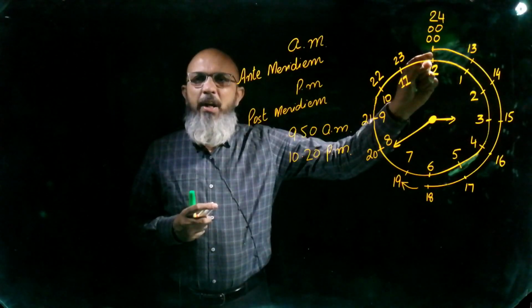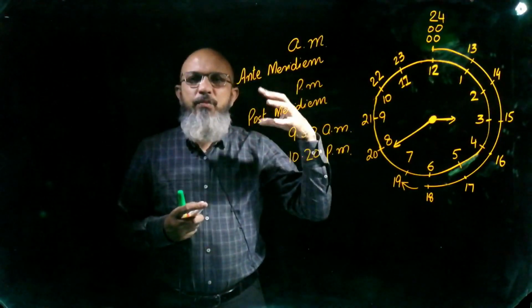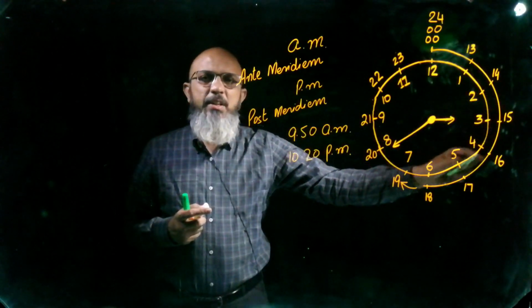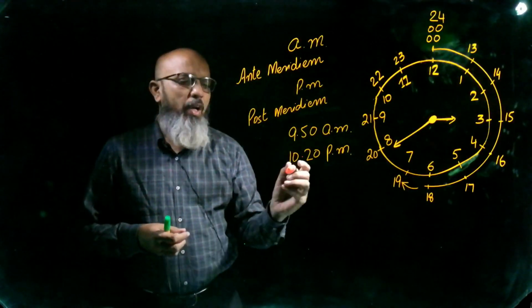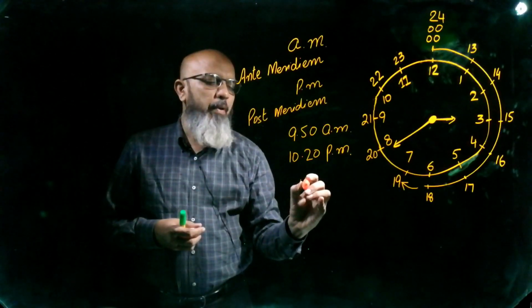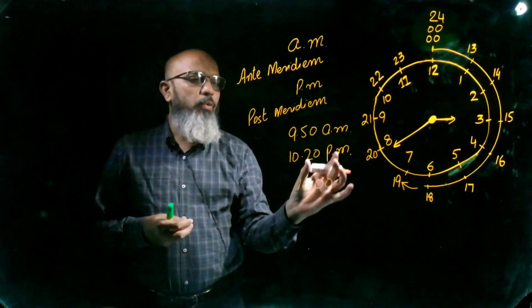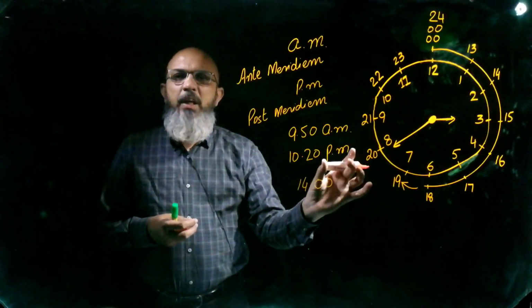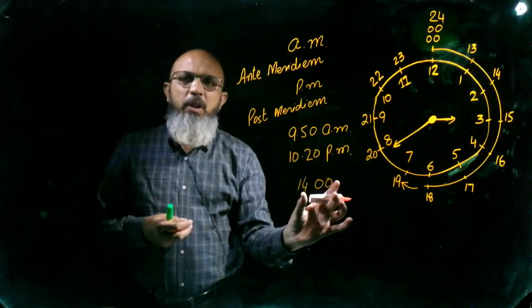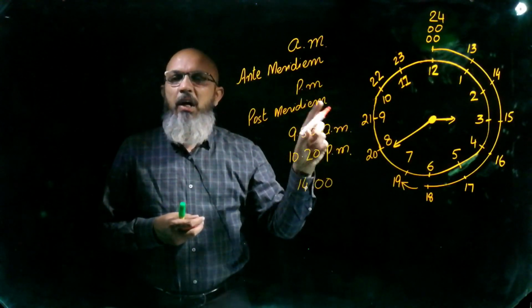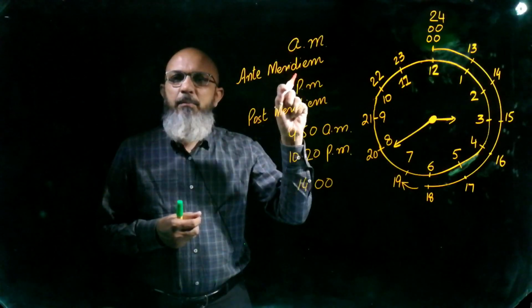When there is 12 at noon, then in the 24-hour clock we count 13, 14, 15, 16. In 24-hour clocks we write the timing in this way. We do not need to write AM or PM. It is understood that 14 is after 12 at midday.